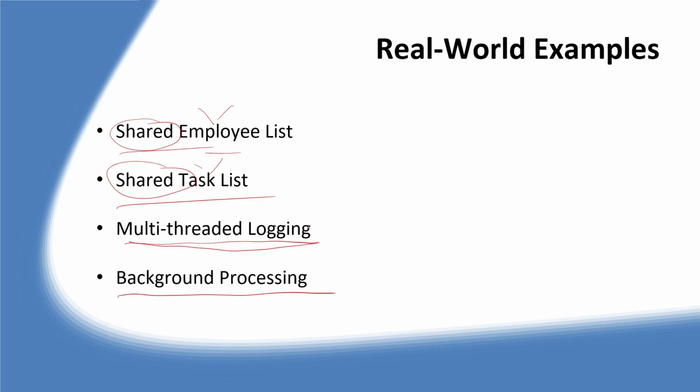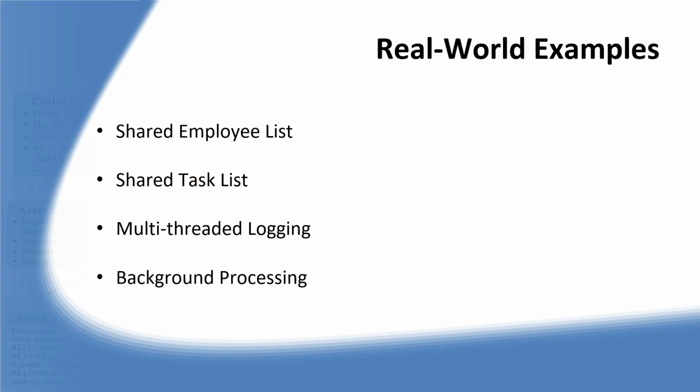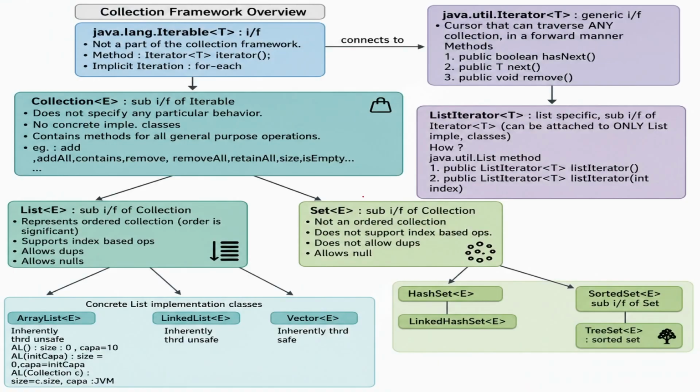In the collection framework hierarchy, we are reading about Vector, and Vector is an implementation class of the List interface. So by default, whatever properties are available in the List interface will be available as part of the Vector implementation class.